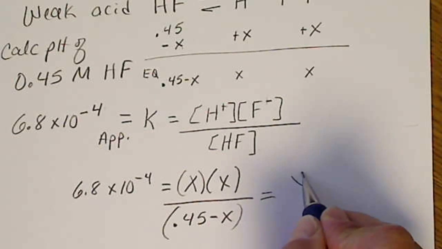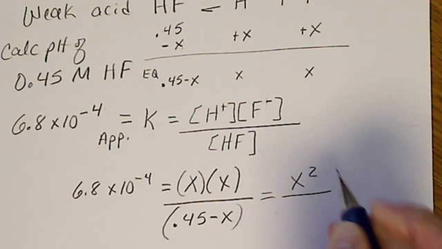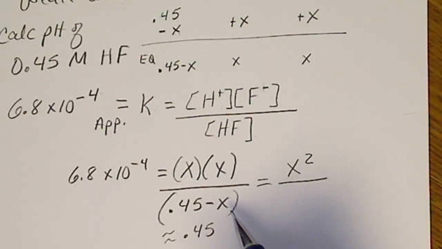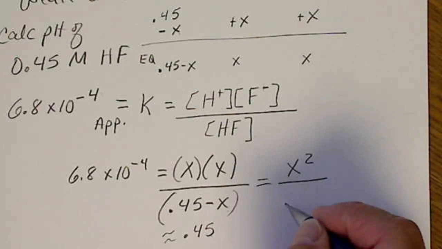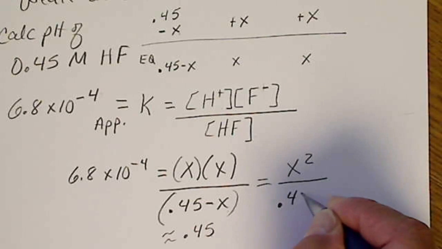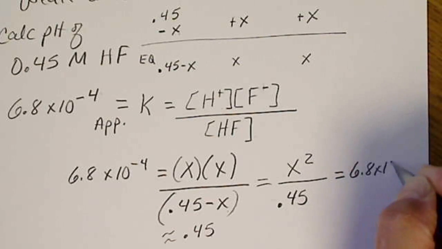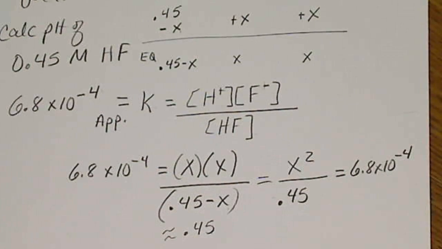So we're just going to make this simplification and make the math easier. We're going to say that this is still approximately equal to 0.45, that the small amount that we lose does not affect that concentration. All it does is make the math a little easier. So this 6.8 times 10 to the minus 4.